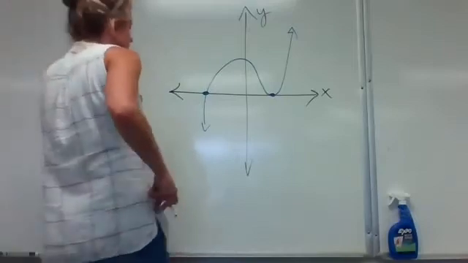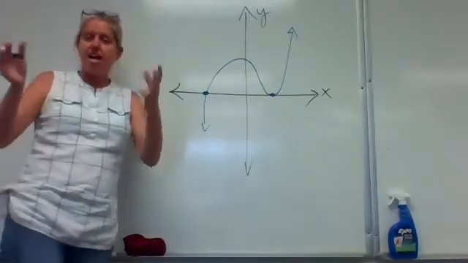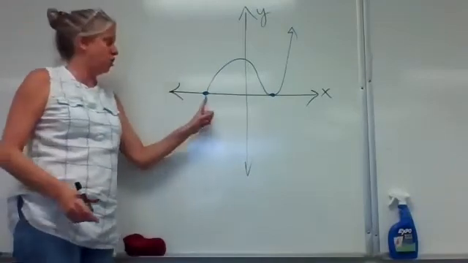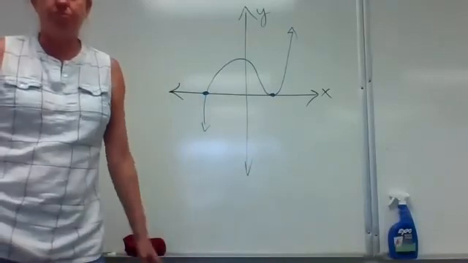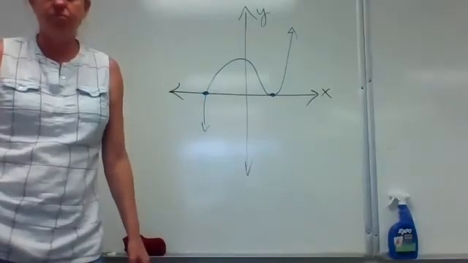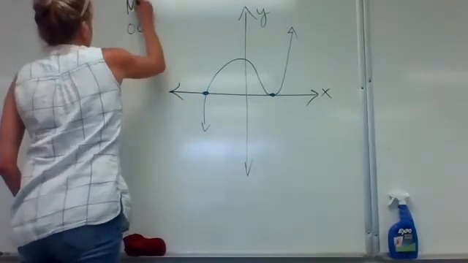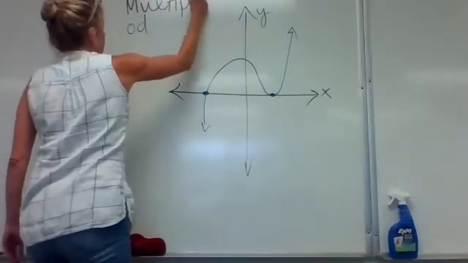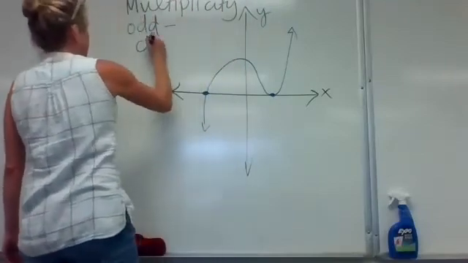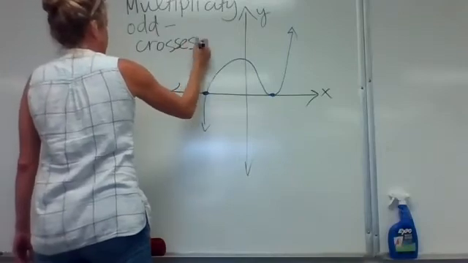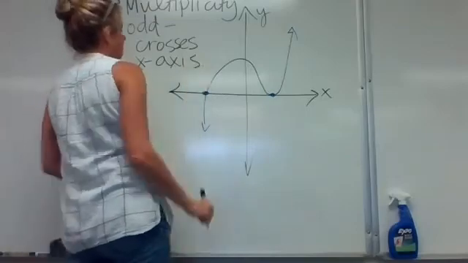So if your multiplicity is odd, that outside exponent is an odd number, you are going to cross the x-axis at that zero.